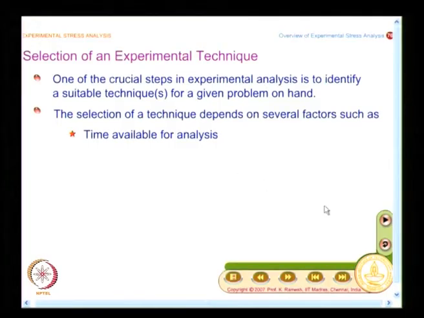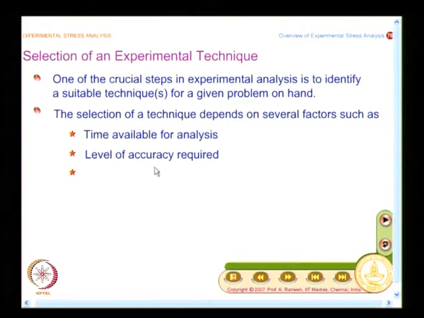So, the time available to do the analysis is one of the very important steps that you should consider. Then you have the level of accuracy, that is what I said. If you want a higher level of accuracy, then you will require more time to do it.